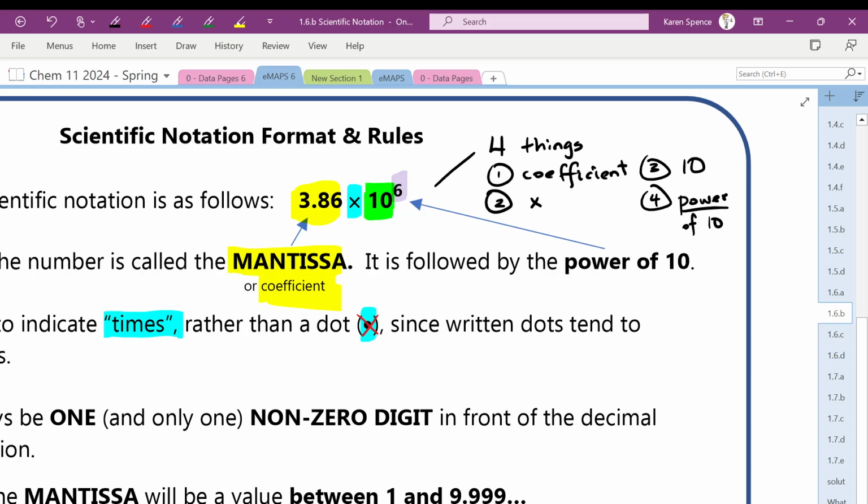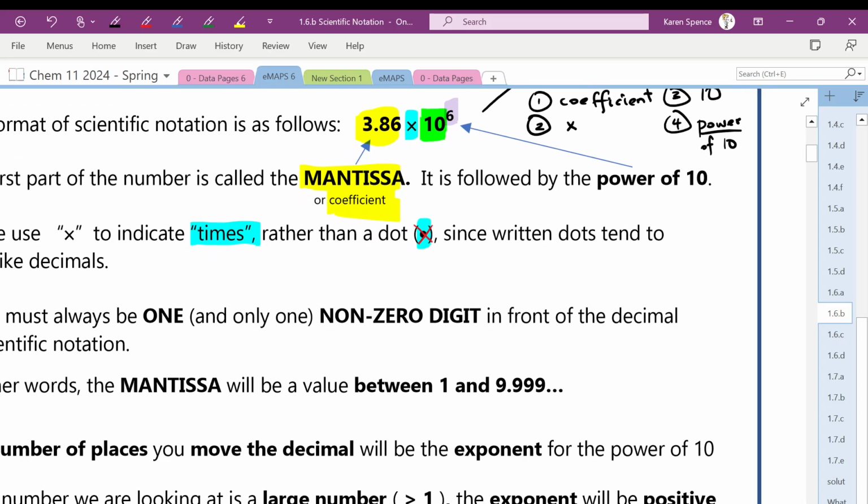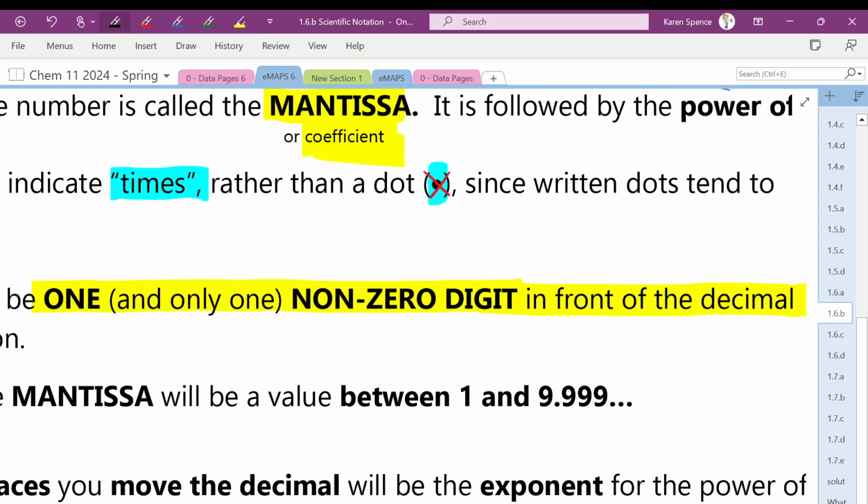There's one other thing that we must have to be in correct scientific notation, and that is you need to have one and only one non-zero digit in front of the decimal. One non-zero digit in front of the decimal.